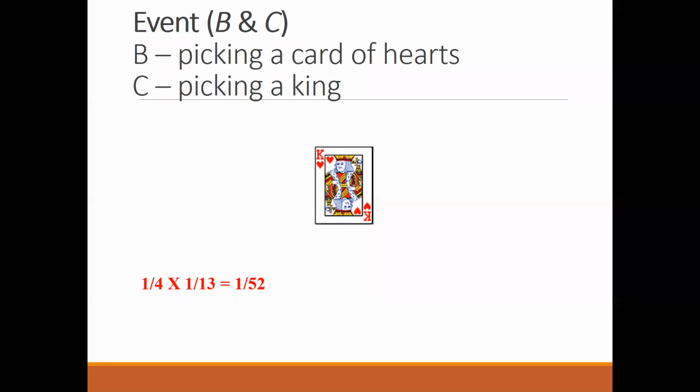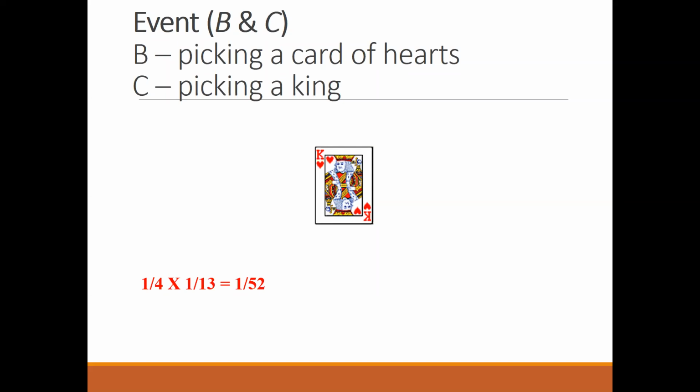But if I change this to OR, then we have to think about the king of hearts, and we have to subtract it from the previous total number of hearts, that is event B. In this example, B will be 1 by 4, multiplied by 1 by 13, which gives me 1 by 52.